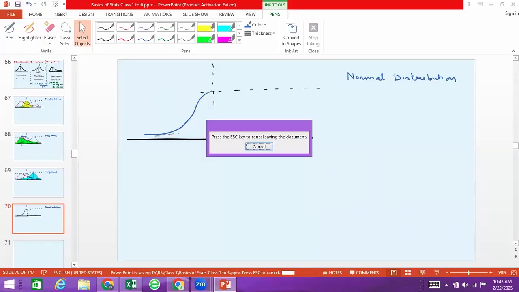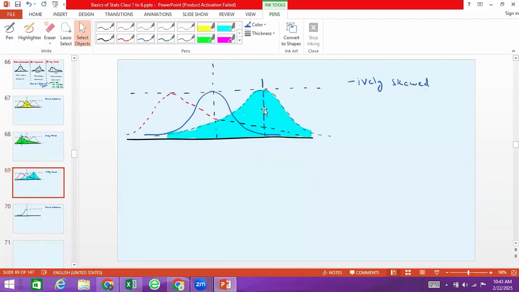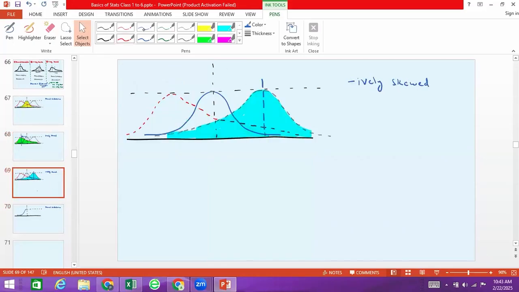If it moves towards the positive side, then it is negatively skewed data; if it moves towards the negative side, then it is positively skewed data. Here the peak has moved from here to here.